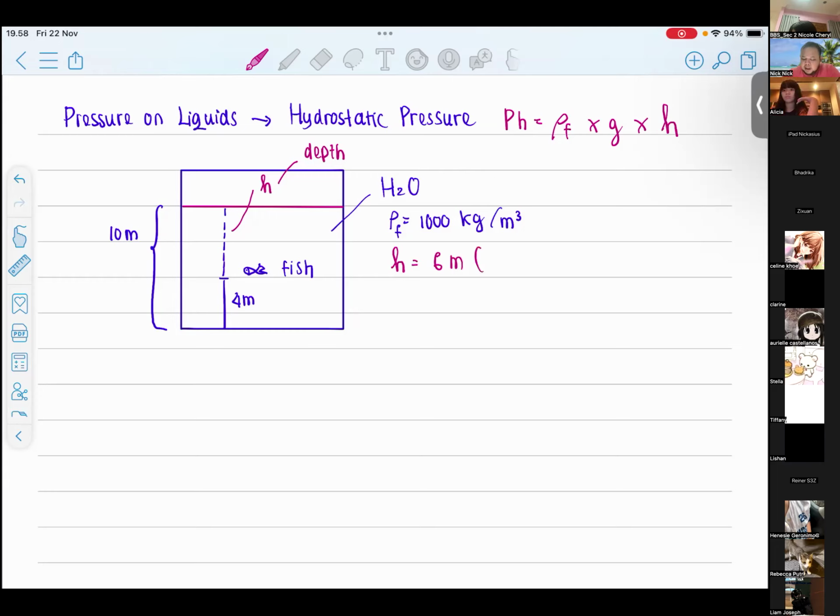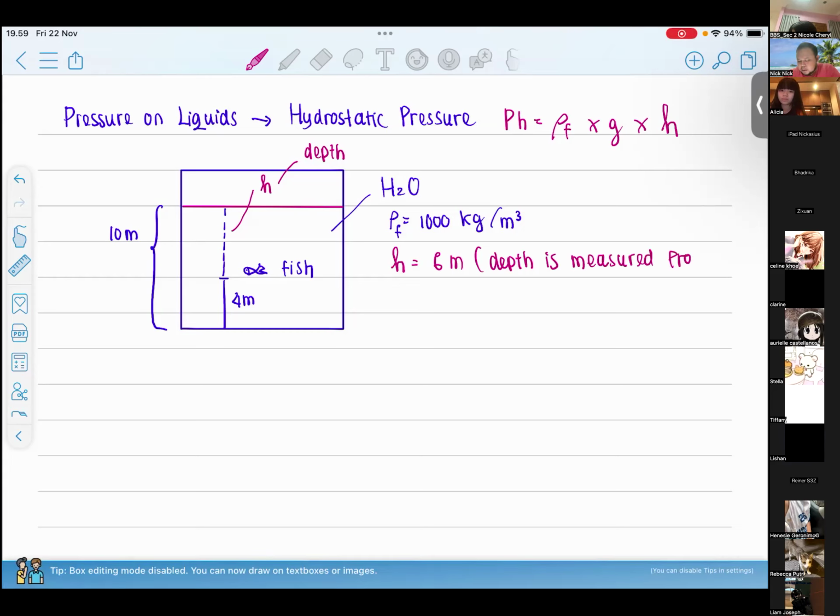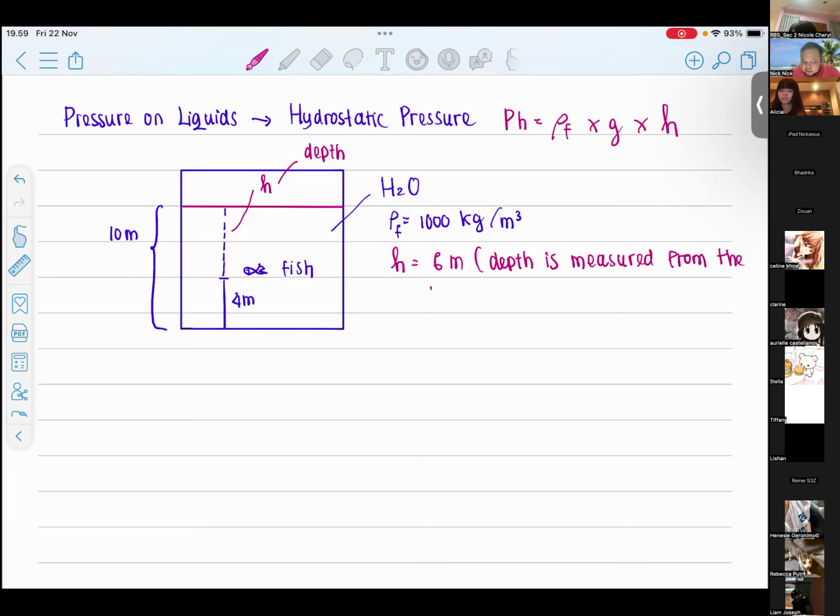Remember that depth is measured from the surface of the liquid. Okay? It's measured from the surface of the liquid. Clear or not, students?